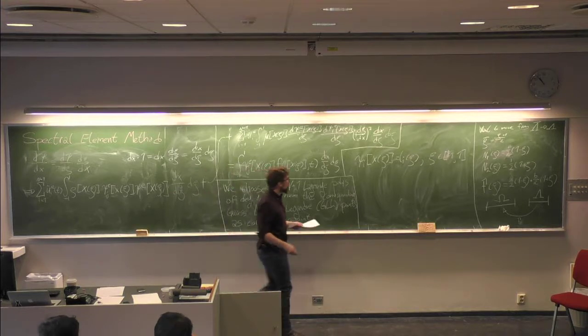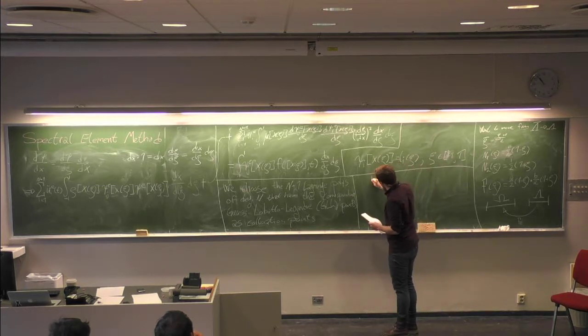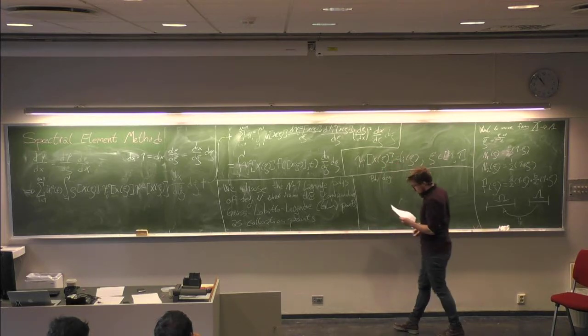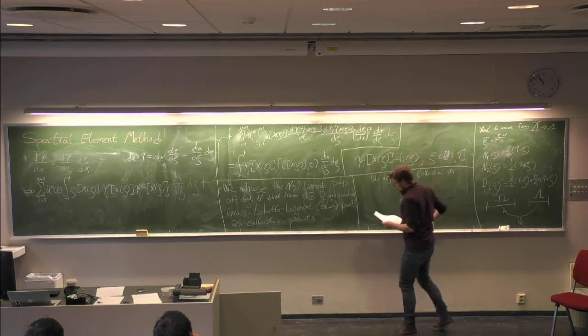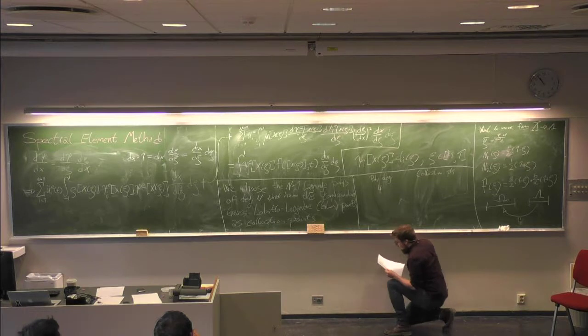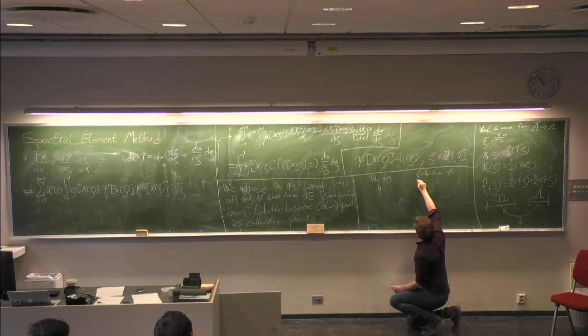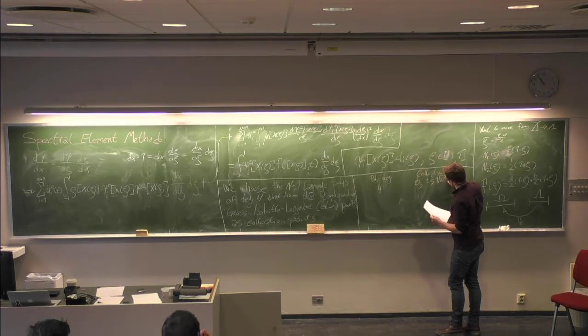So for instance, if you want a polynomial of degree 4, and these co-location points, well, the polynomial of degree 4 would have 5 co-location points, and they are 0, plus and minus the square root of 3/7, and plus and minus 1.